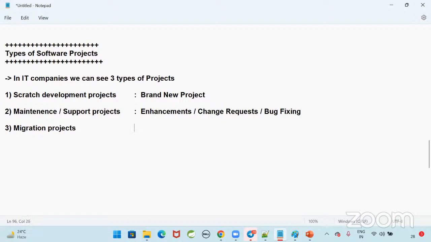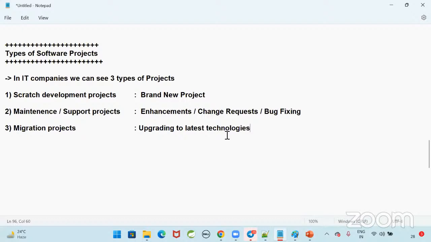Migration projects, upgrading to latest technologies. 10 years back, 15 years back, so many projects developed by using mainframes. That mainframes got outdated. So many projects developed by using struts framework in the year of 2008, 2009, 2010.